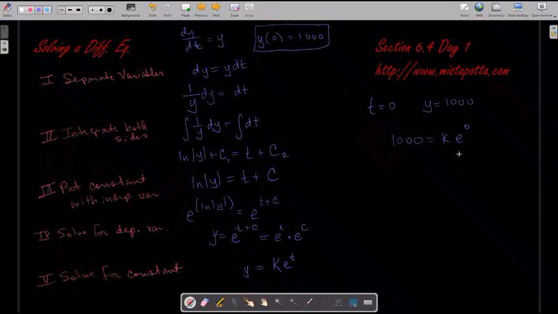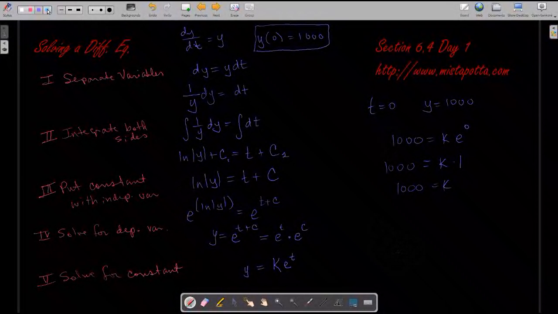And of course, e to the 0 is 1. So I really have k times 1 equals 1,000. And so k ends up being equal to 1,000.